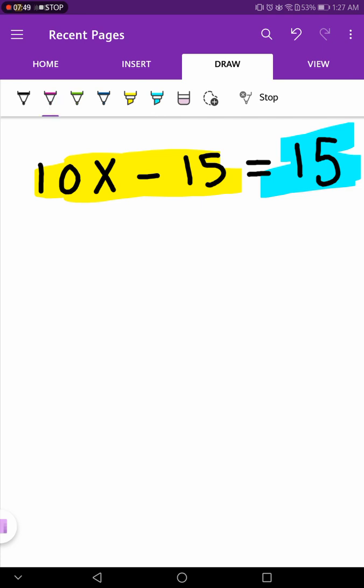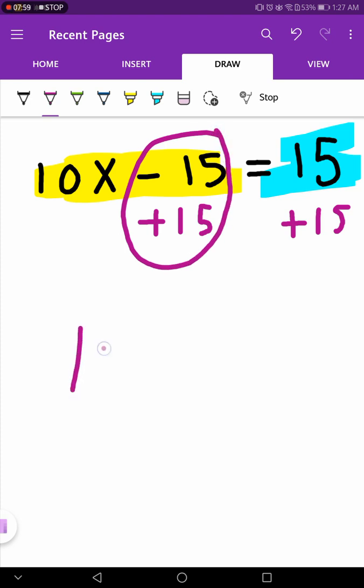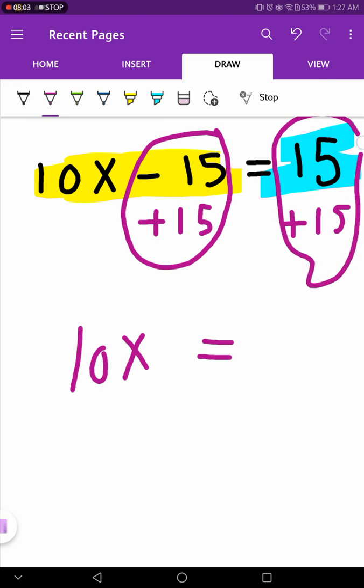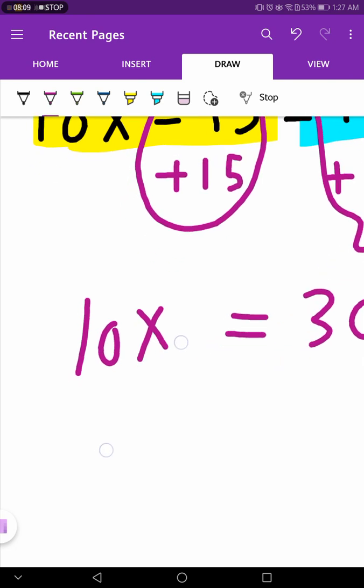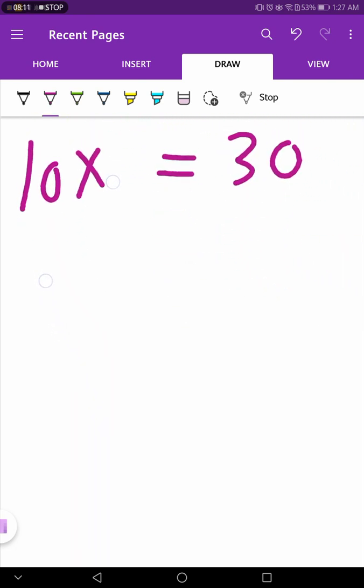Okay, eliminate the 15 from both sides. This will be eliminated, the 10x comes down, waiting what happened in the right side. 15 plus 15 equals 30. Now I determine the left and the right side again.